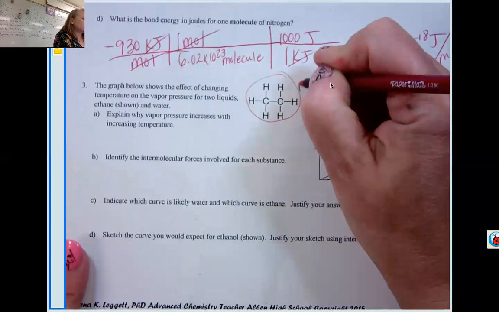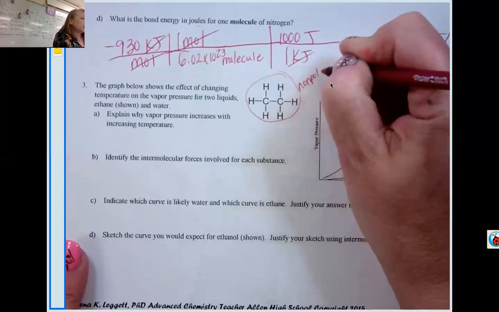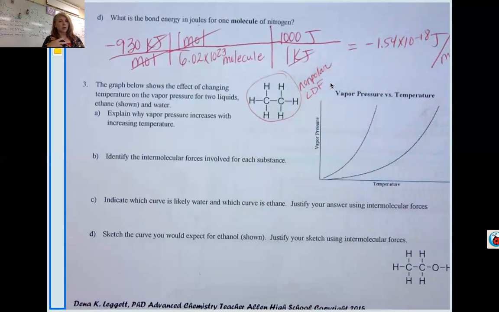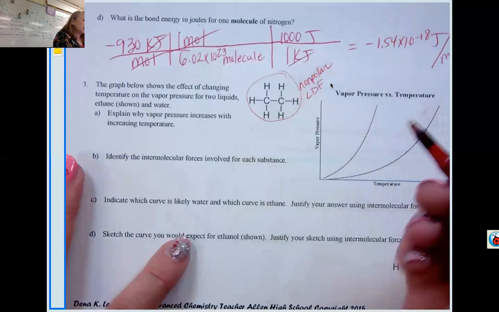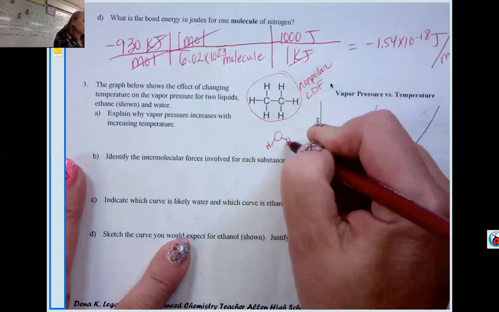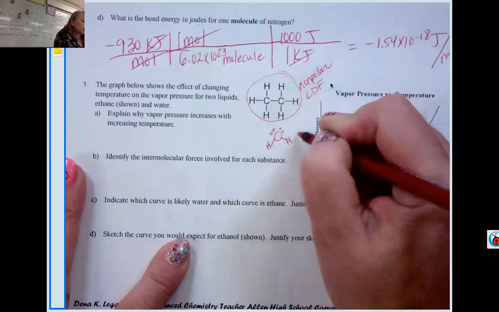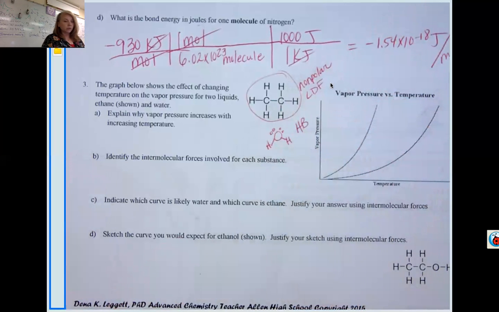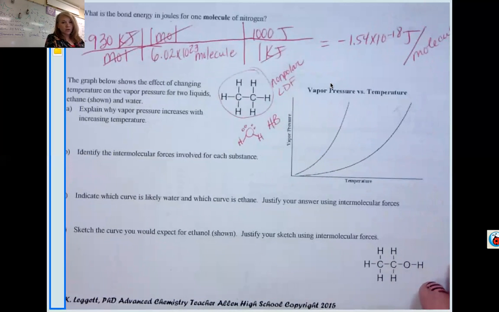This is a nonpolar molecule, and all nonpolar molecules only have London dispersion forces holding the molecules to other molecules. And then we have water. At this point in AP Chem, you should know that water is polar and has hydrogen bonding, the strongest intermolecular force of attraction.